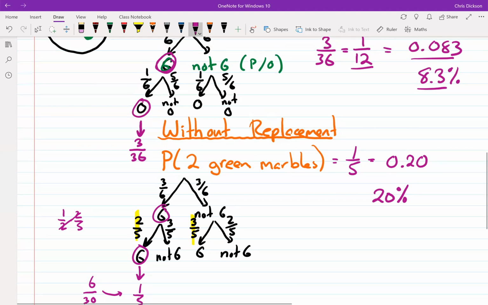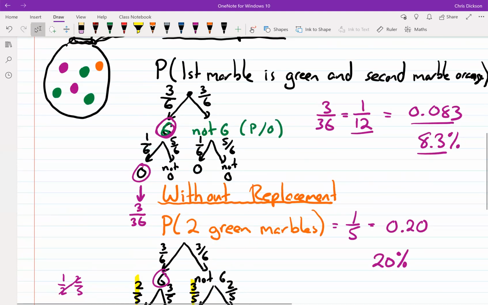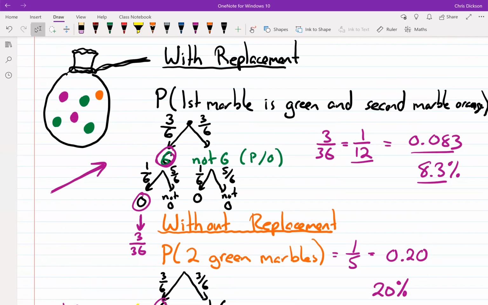Okay, so let's go back to that big thing I was talking about, being dependent and independent here. So really the first question, this one up here, that's an example of where you replace the marble back into the bag. And so we would say that these events are independent of each other.